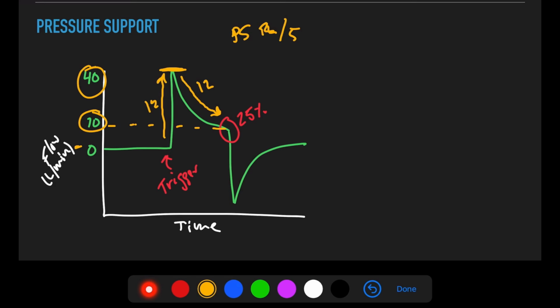Once we hit that 25%, our vent's like, okay, this patient is done attempting to breathe in. I'm going to drop them back down to the PEEP of 5, and it allows the patient to exhale and return to this flow of 0 till the next breath gets triggered, and we start that whole cycle over again. That is flow cycling in pressure support.